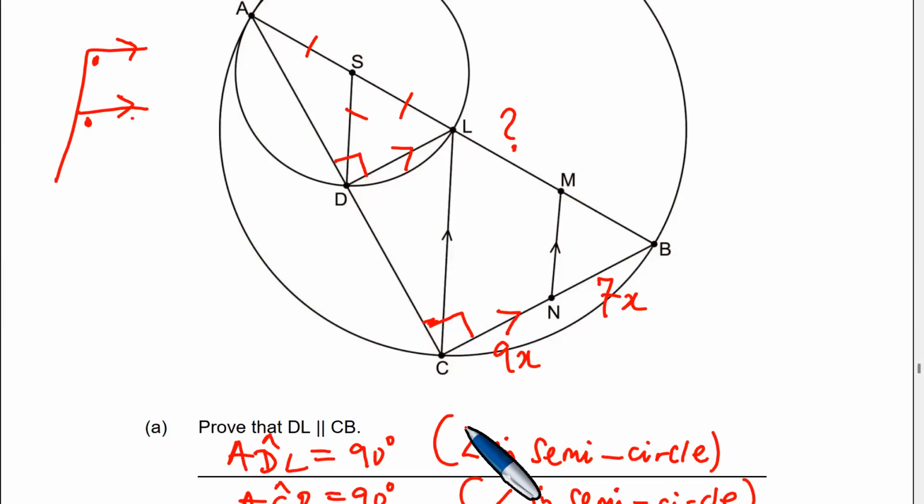If you want to find LM, we can find that with ease, because from what we've already got, LB is 15. So this LB we got at the bottom is 15. We have seen that this one is exactly 15.